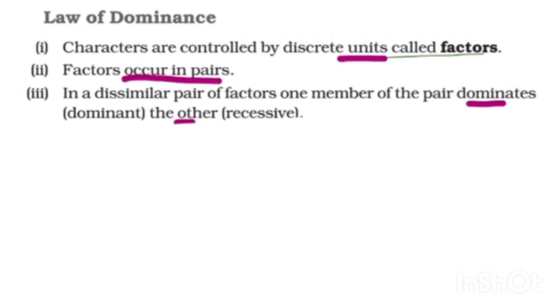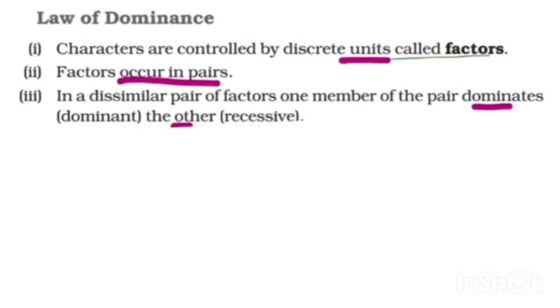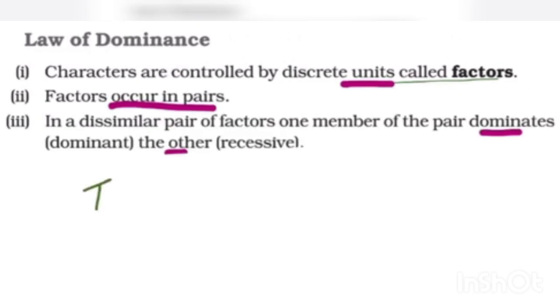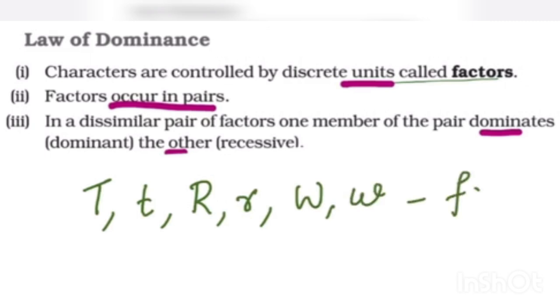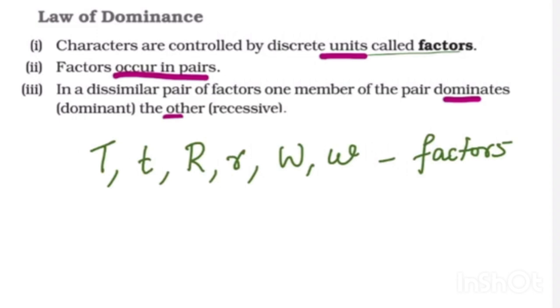The first one is the law of dominance, which has these points. First, characters are controlled by discrete units called factors. What are the examples? We wrote already: capital T for tall, small t for dwarf. Example: capital T, small t, capital R, small r, capital W, small w.